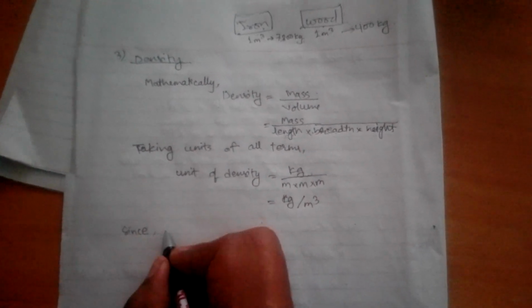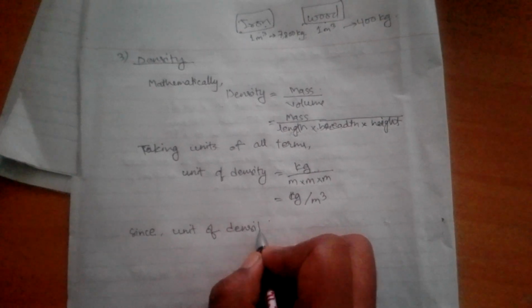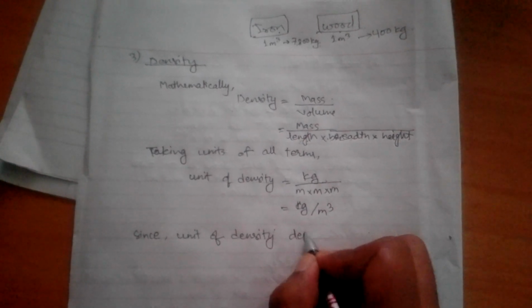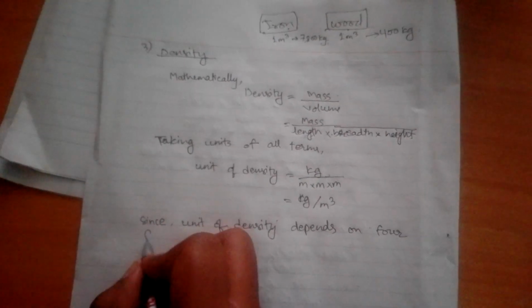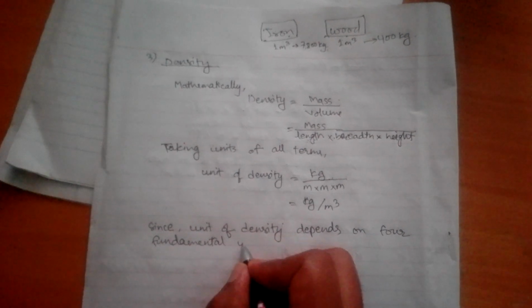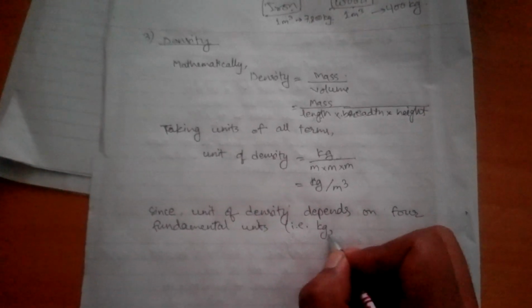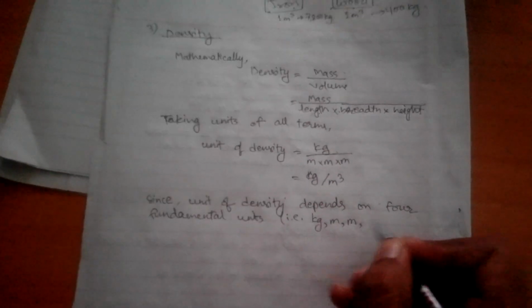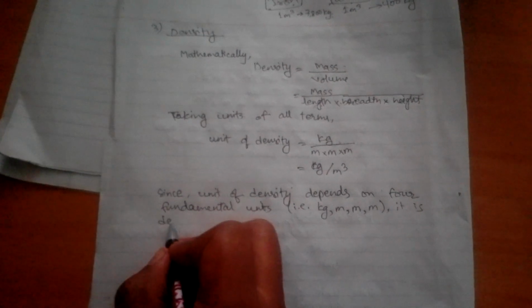Now give the conclusion. Since the unit of density depends on 4 fundamental units, that is kg, meter, meter and meter, it is a derived unit.